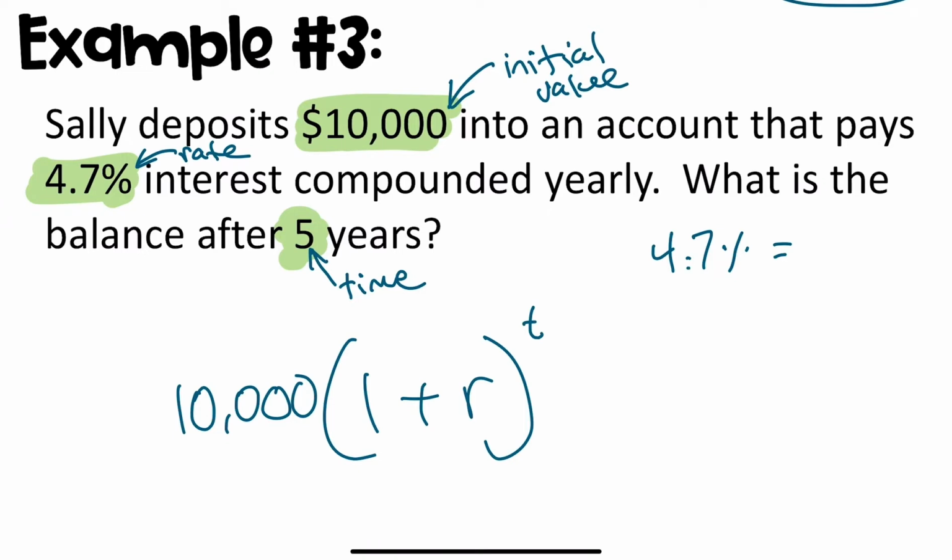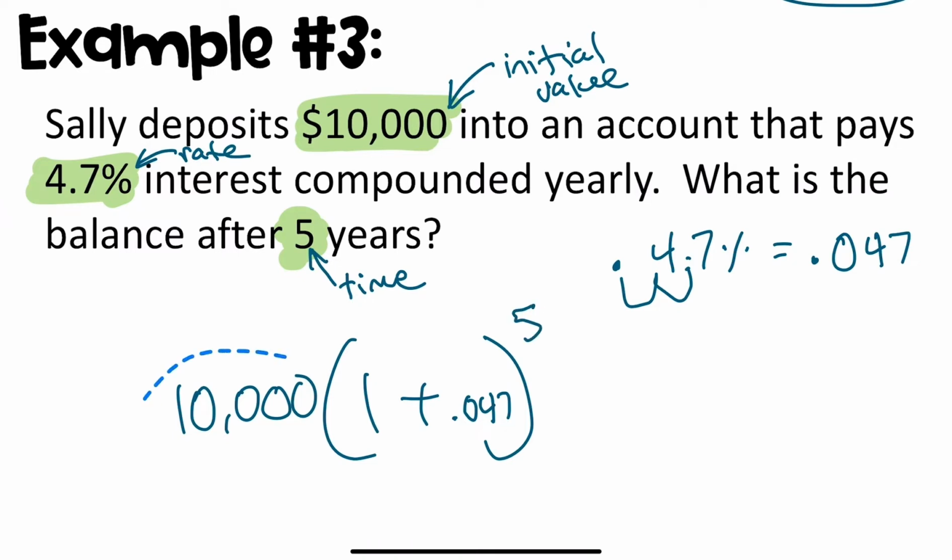So I see my decimals right here. I'm going to move that 1, 2 spaces. So I got point. There's nothing here, so I'm going to put in a 0.047. That will be my rate. Time t, that's going to be 5.